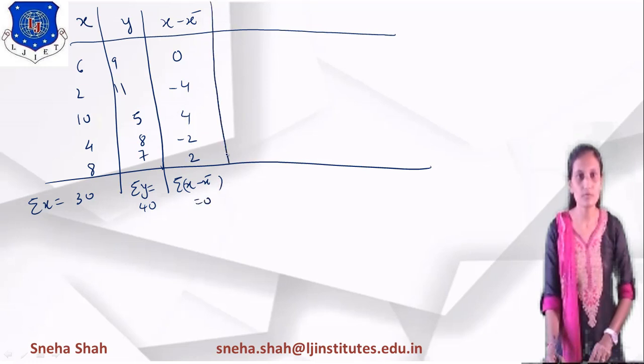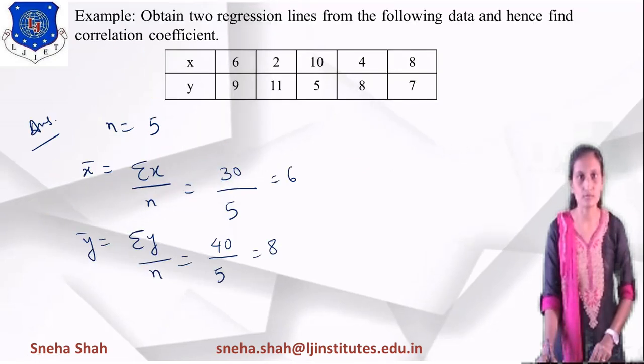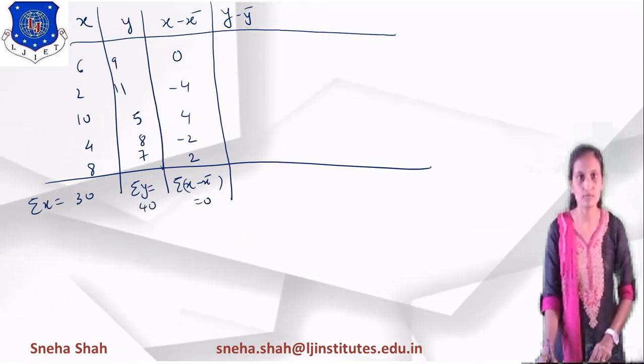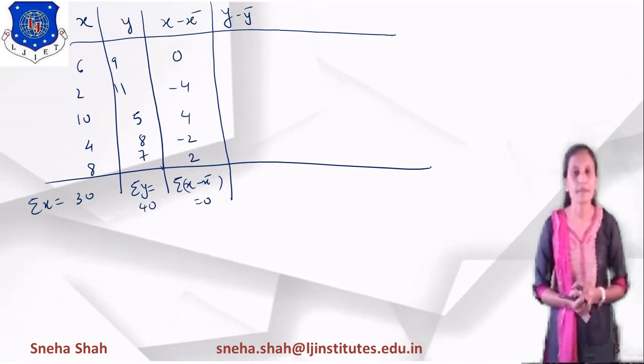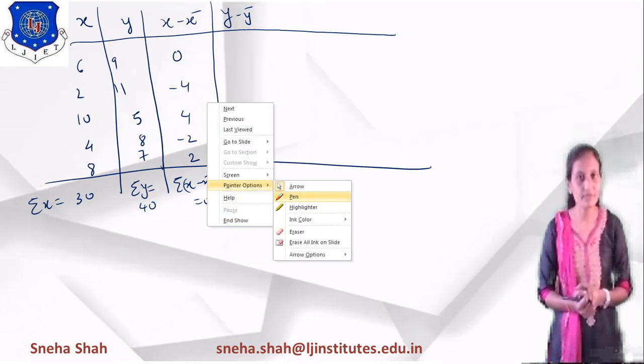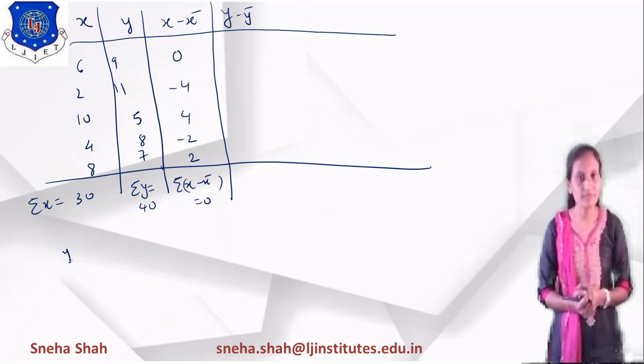Now we are finding the value of y minus y bar. Why are we defining all these values? Because what is the equation of these two regression lines? If I write the equation for the regression line, then the equation will be y minus y bar equals b y x times x minus x bar, right?